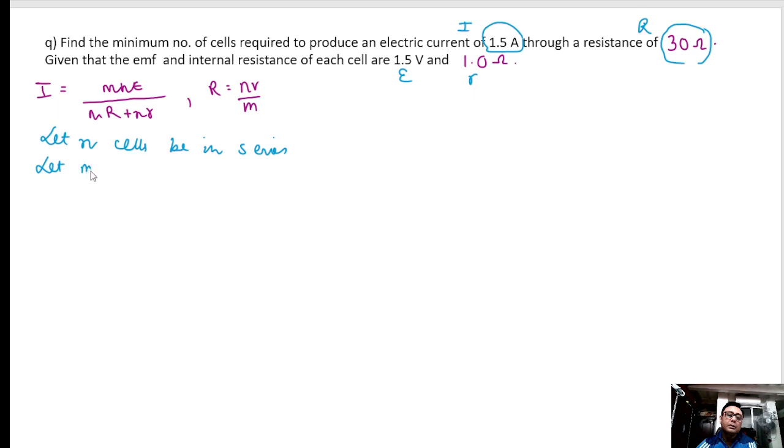Let m rows be there. So net EMF in one row will be nE.